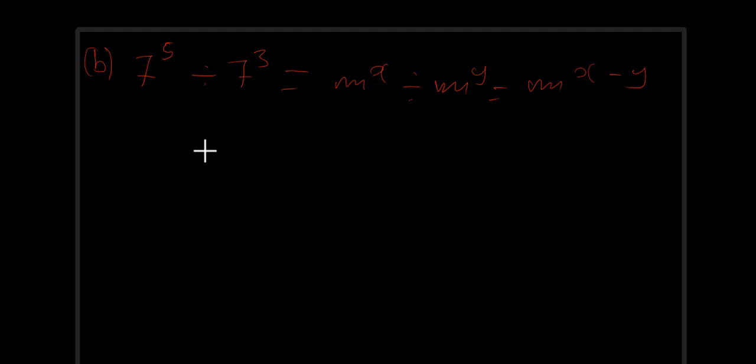We have our base, which is common, so we get the 7. Then we say 5 minus 3, and we are going to have our answer as 2.